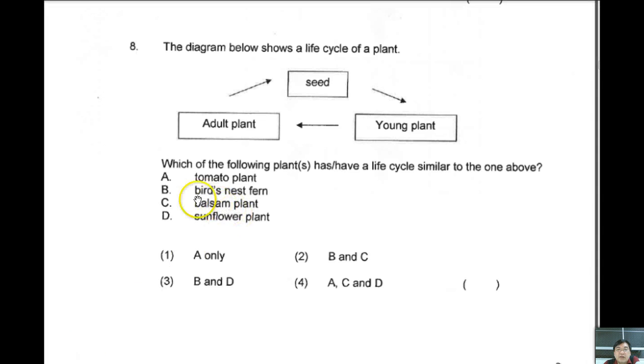Very quickly, I knew straight away that B is not right because it hasn't got any seed, but it's by spores. So any answers with B is wrong. If it's A only, this is not right, because balsam plant has flowers and so do sunflowers. So the answer is 4.